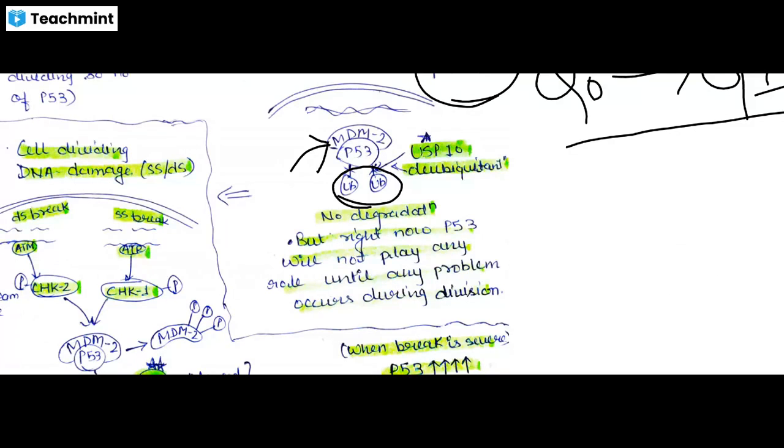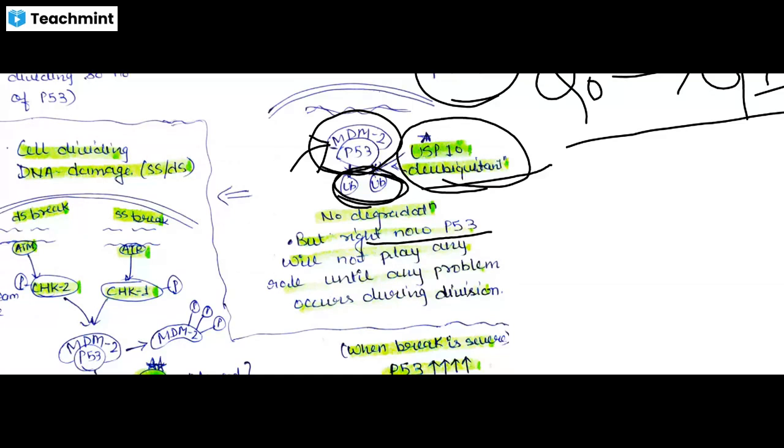So what happens here? USP10, which is doing deubiquitination, degrades ubiquitin and allows MDM2 and P53 to be on standby, right? Right now, we do not need P53 because there is no damage, but we are keeping P53 on standby bound with MDM2.